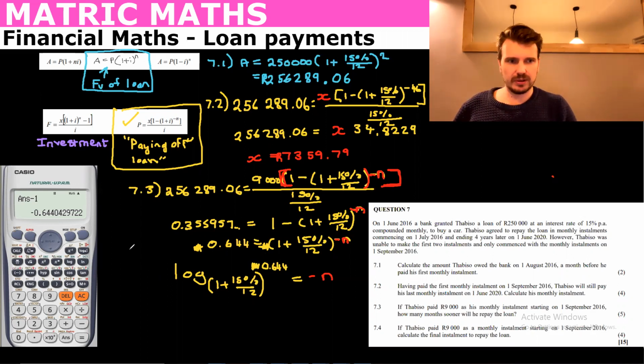Okay, so now I can put it into my calculator. So I'm going to clear it again. And I'm going to use this button, log. And then this allows me to put that whole thing in: 1 plus the brackets 15% over 12. Close the brackets.